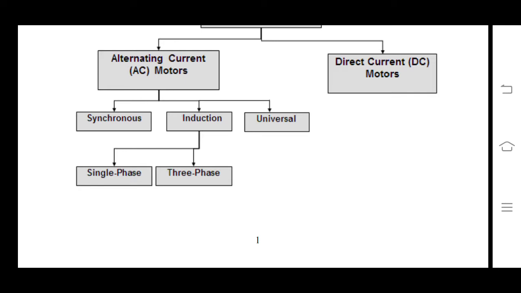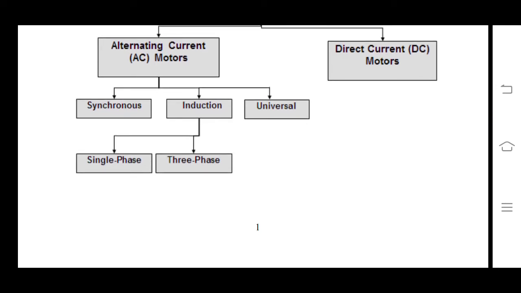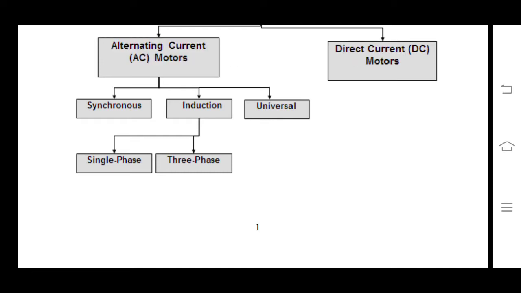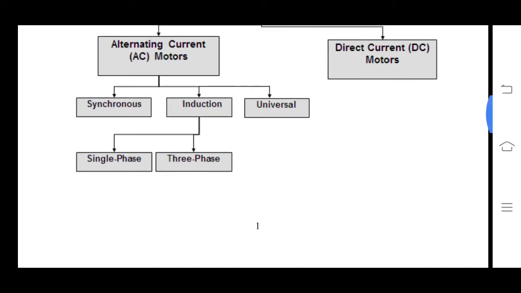The meaning of synchronous is that the stator flux speed and rotor speed are the same. If the stator flux speed and rotor speed are the same, then it is a synchronous machine. If the stator flux speed and rotor speed are not the same, then it is an induction machine.